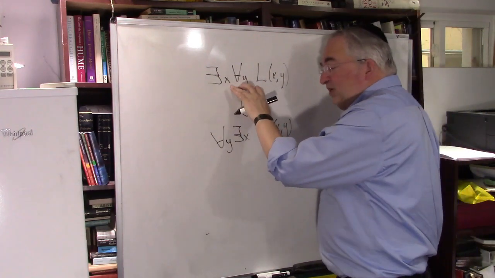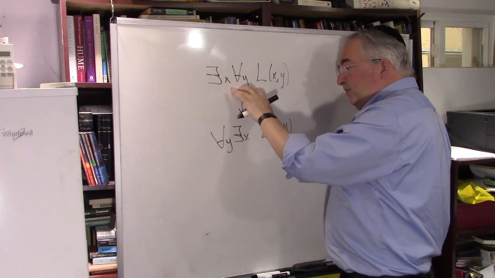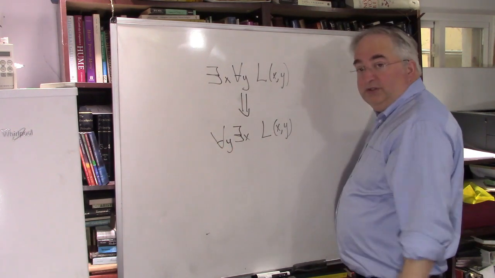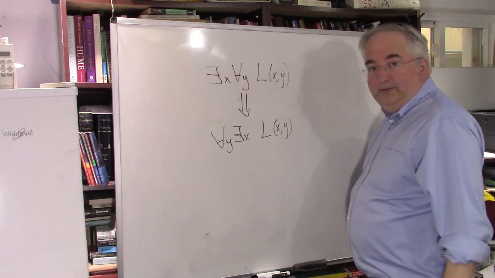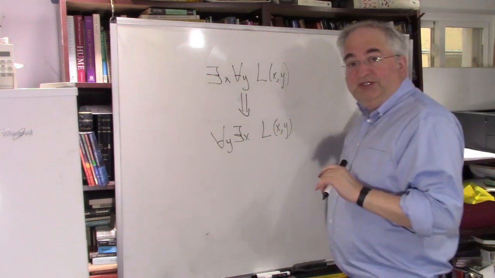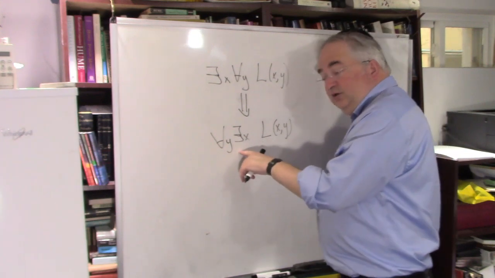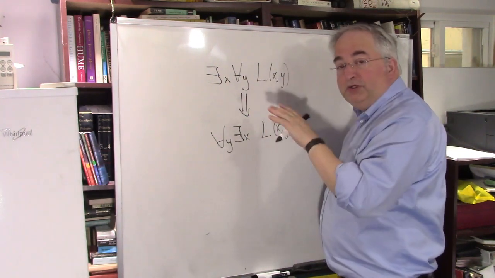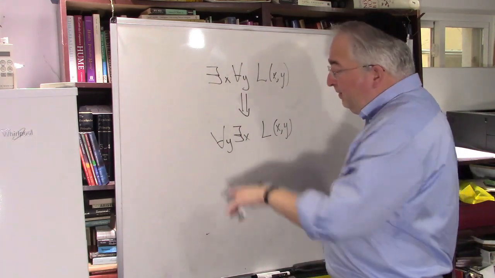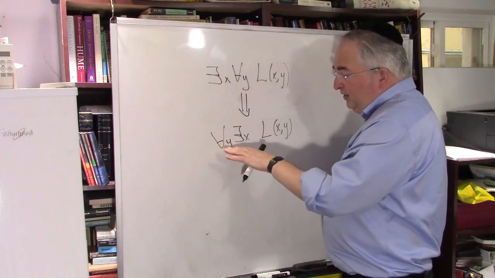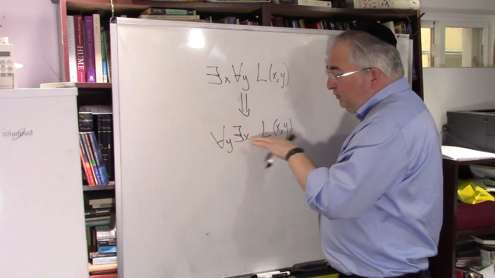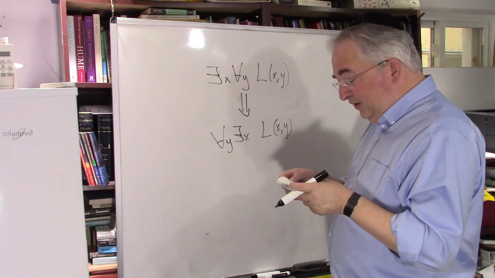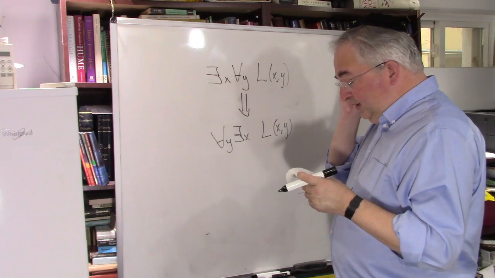If Mother Teresa loves everybody, then for every person, the person who loves them is Mother Teresa. But it doesn't go that way. Let's say Mother Teresa's dead now. This statement is still true, but this statement is false. There's no person like Mother Teresa who loves everybody, but this statement is true: for every person there's someone who loves them. Your mother loves you, your father loves you. Go make nice to your father.